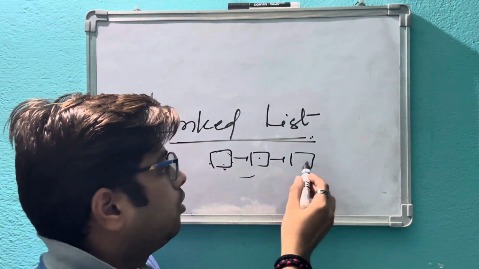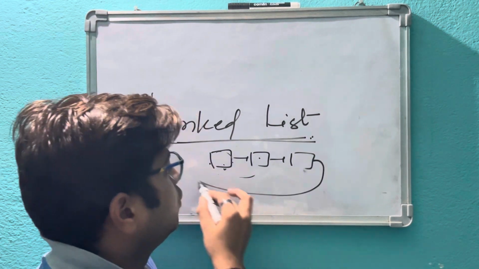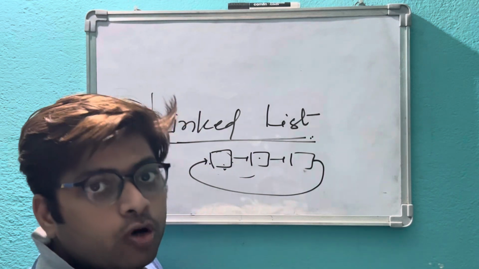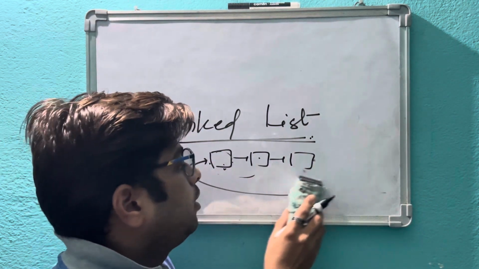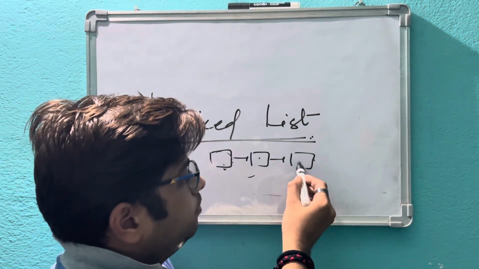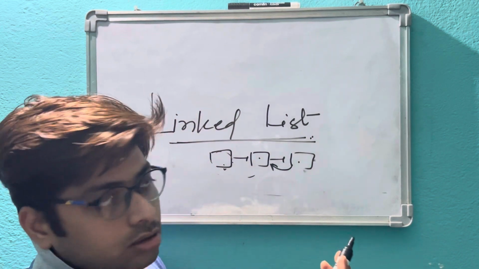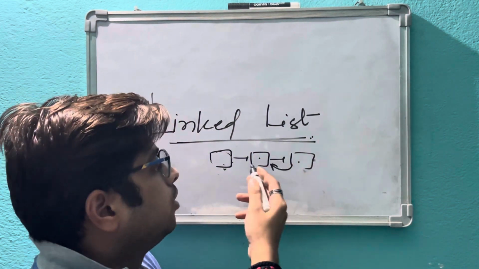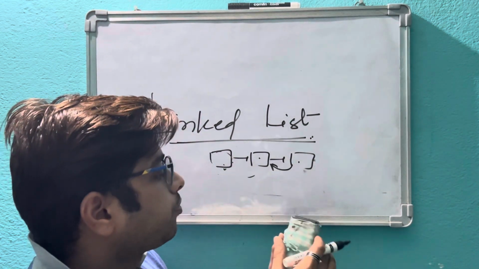So if there is a connection between the last node and the first node, then that will be called a circular list. Today we are not going to cover that. And if there is a linkage from the current node to the previous node, then that would simply be called a doubly linked list, because you have a path to go forward and go backward as well.